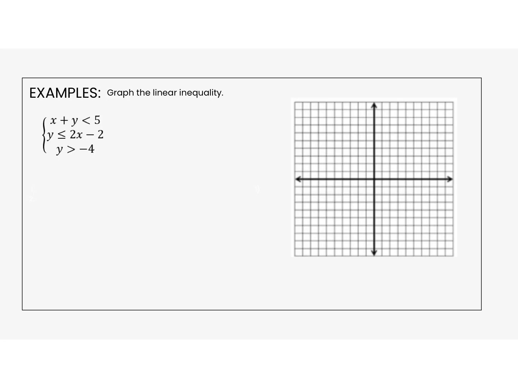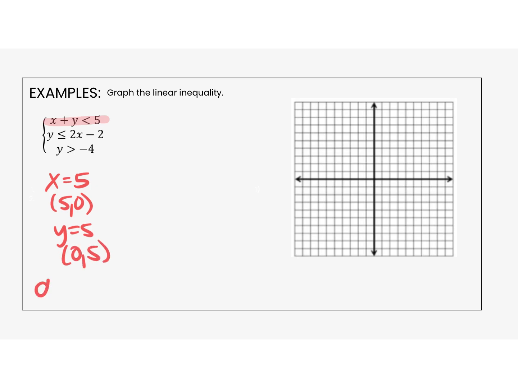Okay, let's look at one more. This one has 3 inequalities. So we're going to graph all 3. I'll graph this first one in red. So again, if I'm looking at intercepts, that would be x equals 5, y equals 5.